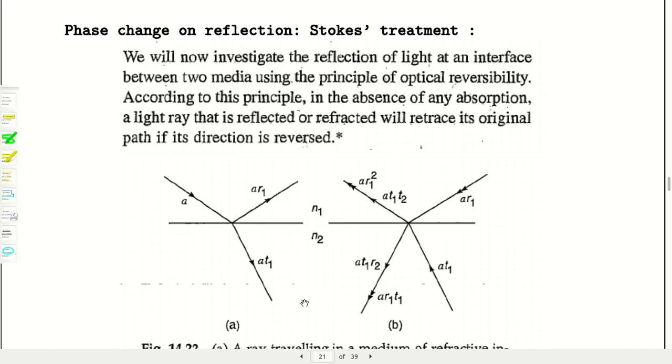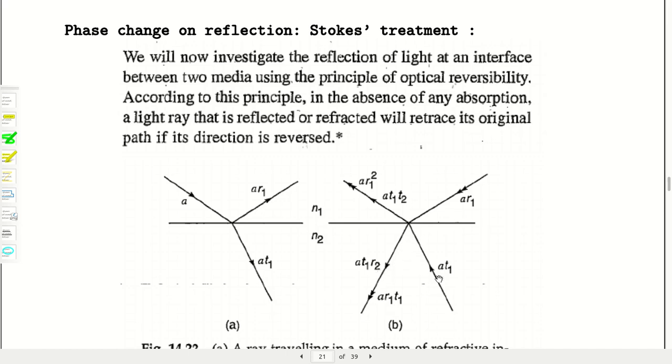Okay, and similarly another incident light in the reverse direction, AT1, is incident on the interface and gets reflected by an amount of AT1 into R2. Why R2?